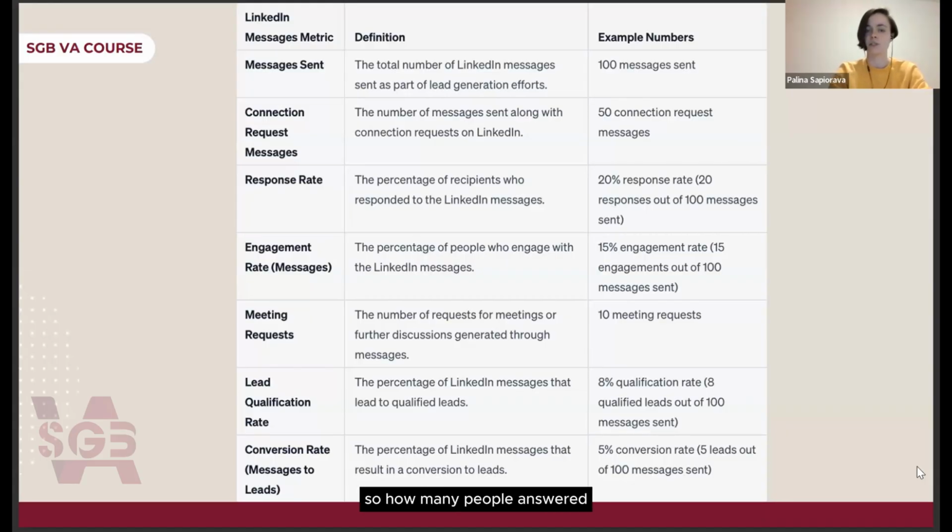So how many people answered, how many people were not interested or asked to contact them later, or probably how many people asked you to send them more information because they're probably interested, but they aren't sure. And of course, one of the most important, probably the metrics that will be required from you most of the time, is meeting requests.